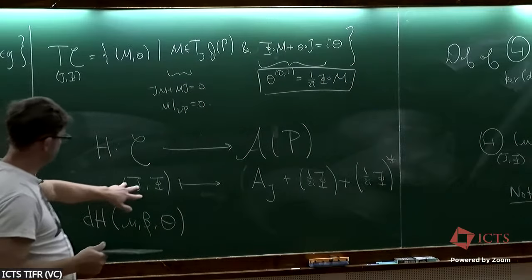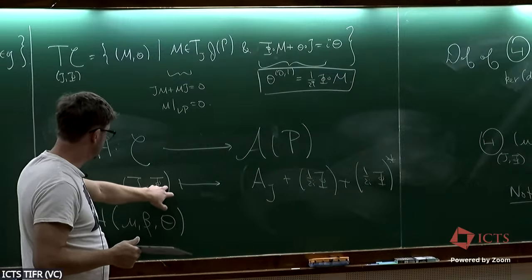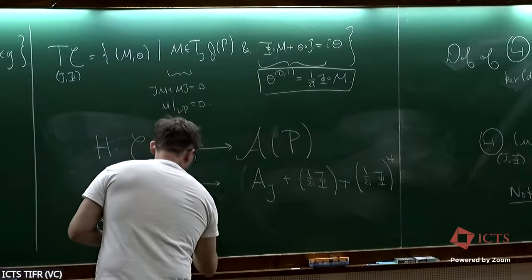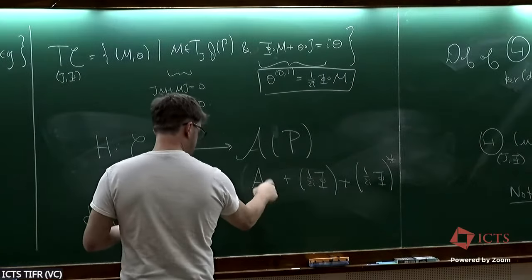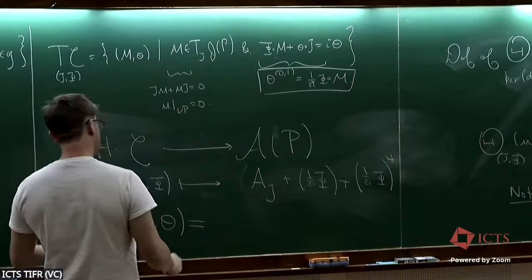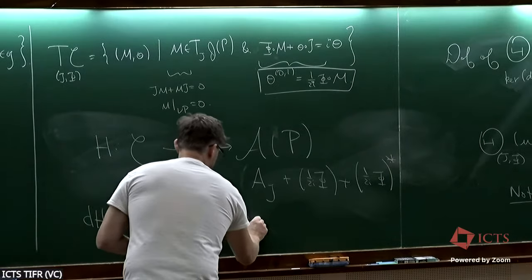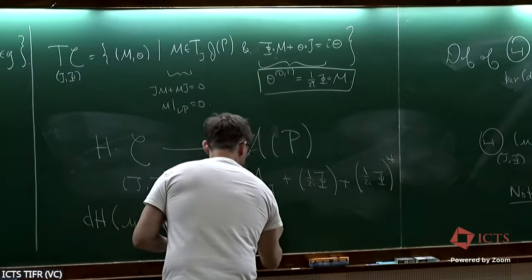So these are tangent vectors to J, and then theta is the tangent vector associated to phi. Well, you take the derivative of this, the Chern connection map, which is 1 over 2i beta minus beta star.